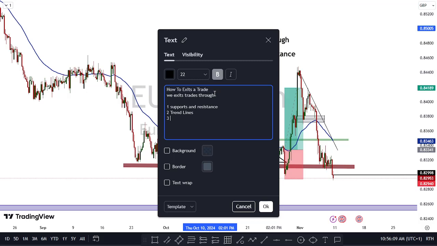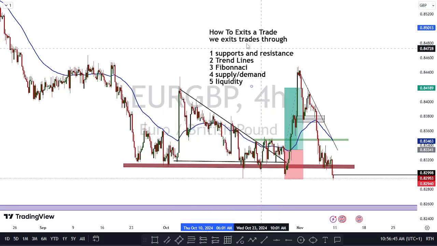Three, Fibonacci. Four, supply and demand. And five, liquidity areas. I'm just pointing out what people use.